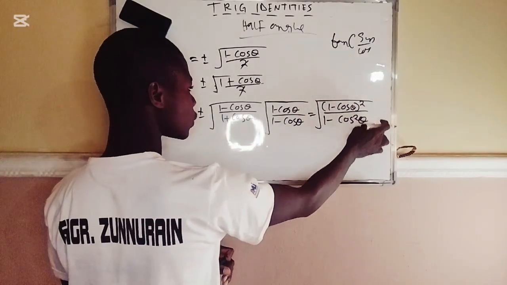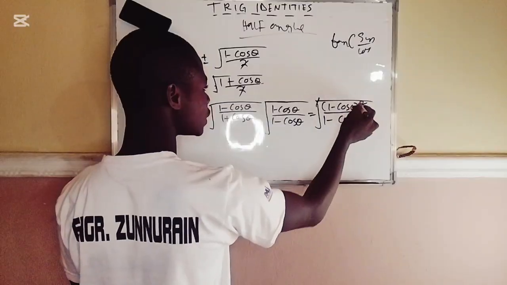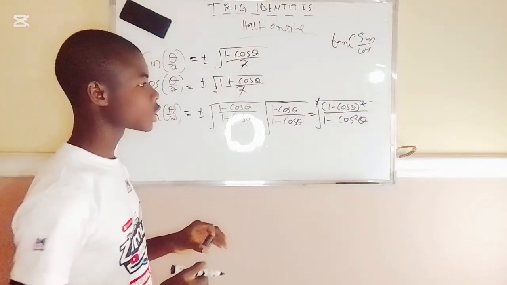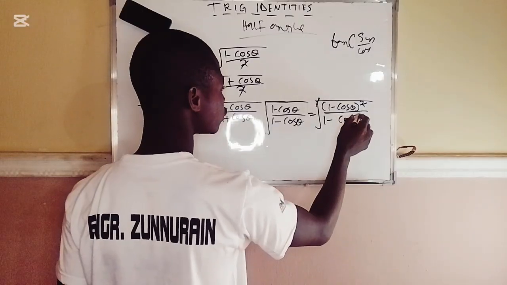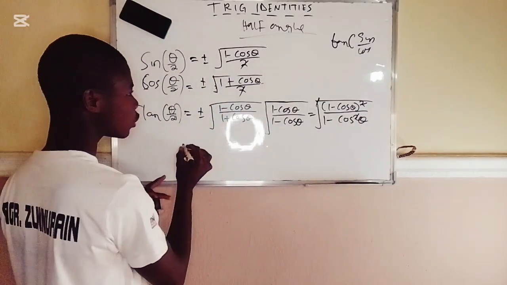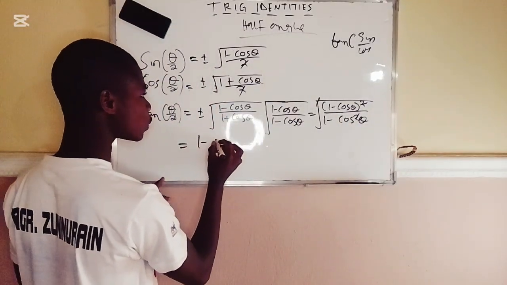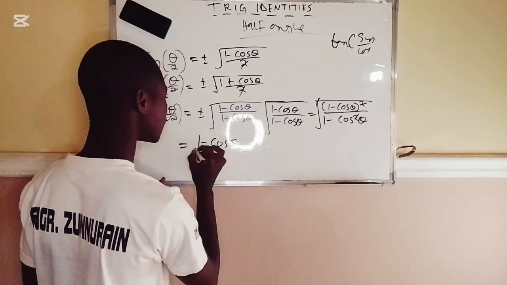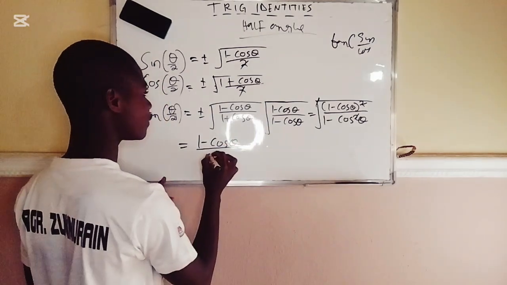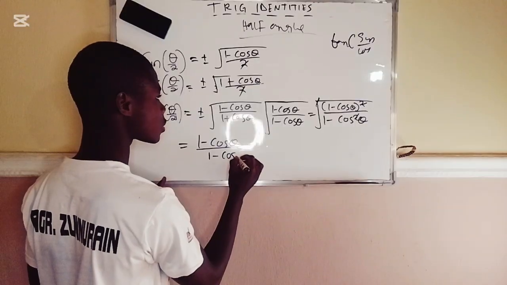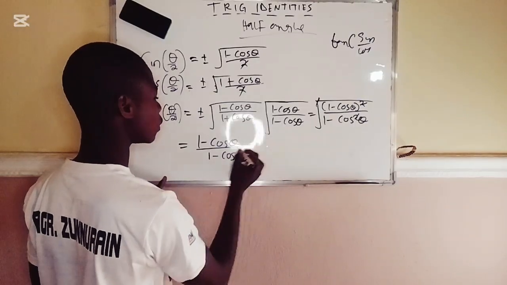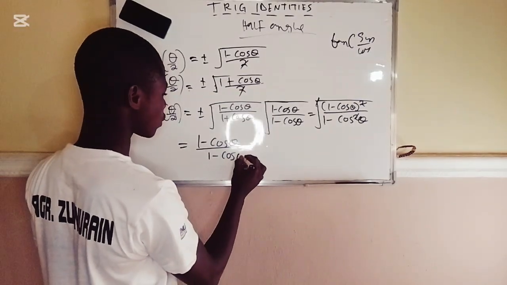The next thing that I'm going to do is that it has this root, which contains this numerator and denominator. So the roots will cancel the square. Therefore, this will be equal to 1 minus cos theta divided by 1 minus cos theta.